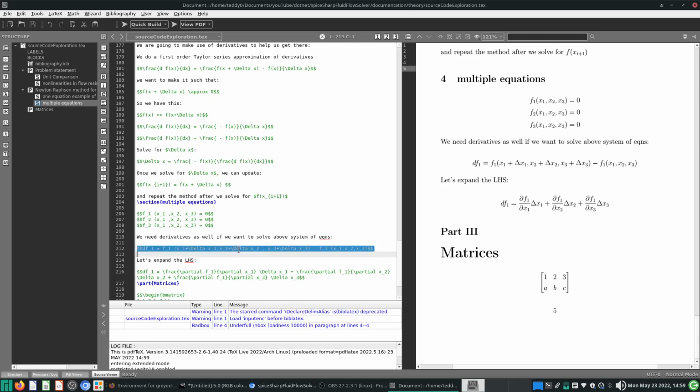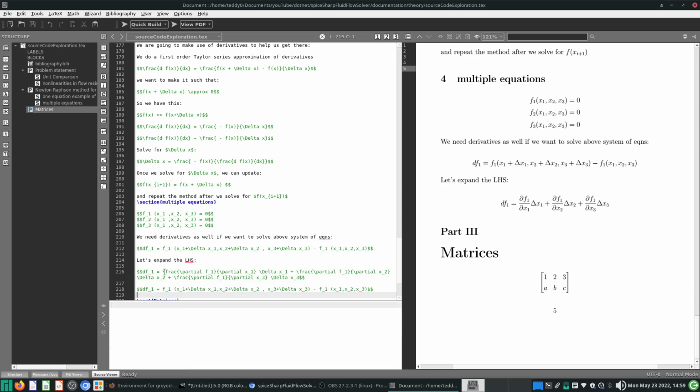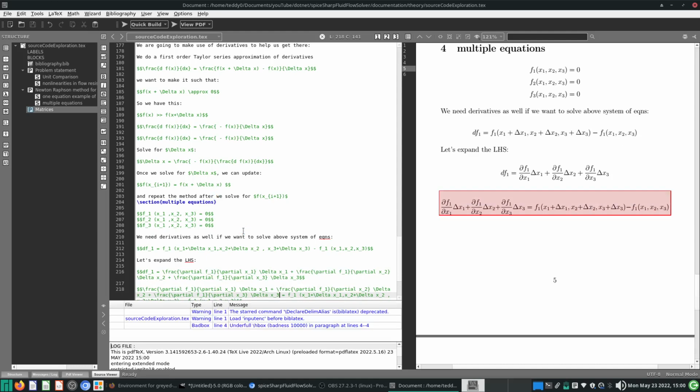Now we have a very long looking equation, and sooner or later we'll realize why we want to put all of these in matrix form. I'm going to substitute this very long side back into df1 here, so that we can have everything in terms of partial derivatives. We'll have this very long looking thing here.